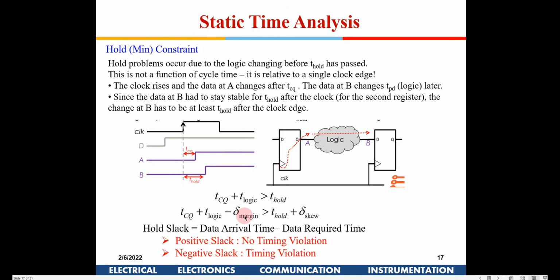When we are designing these circuits, we can see to it that there is some margin available. If it is not there, then accordingly the clock needs to be made a little slower or faster, whatever it is. So that margin we can design. You can have a 10% margin or a 5% or 1% margin.